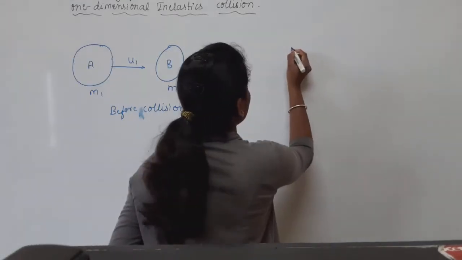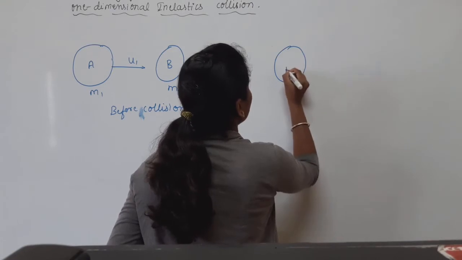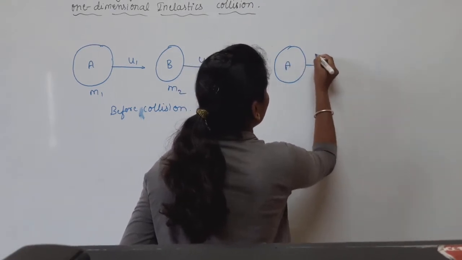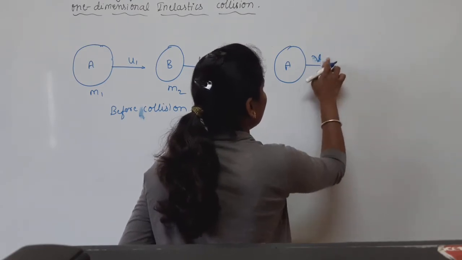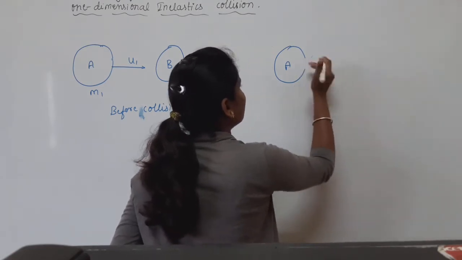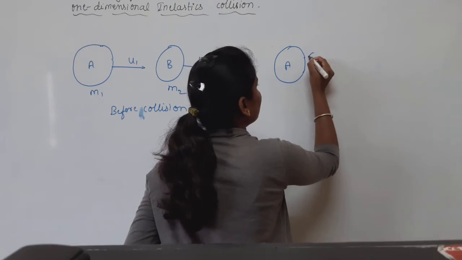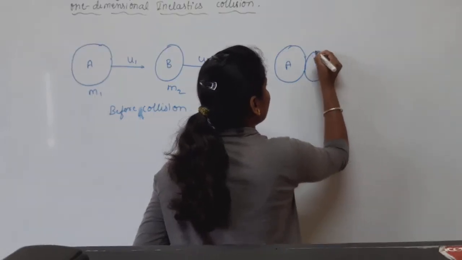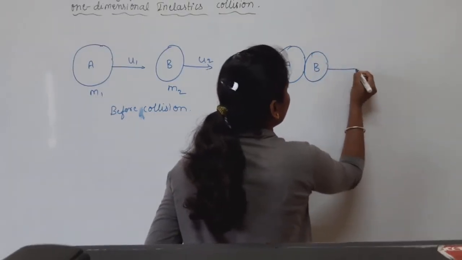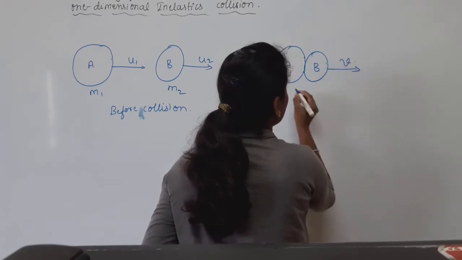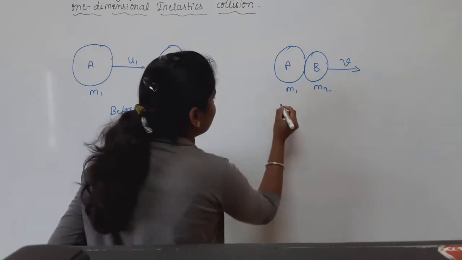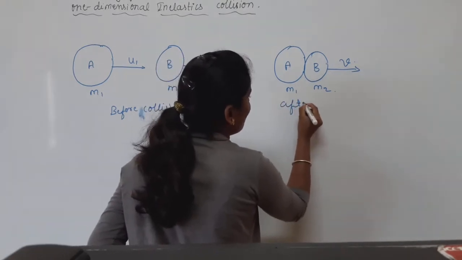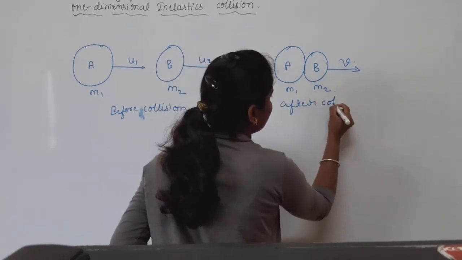After collision, the bodies move with a velocity v. This is after collision.